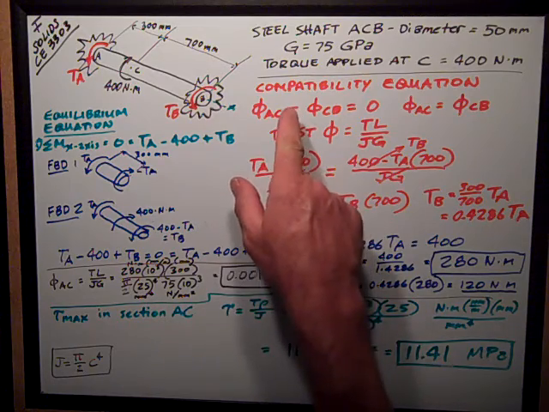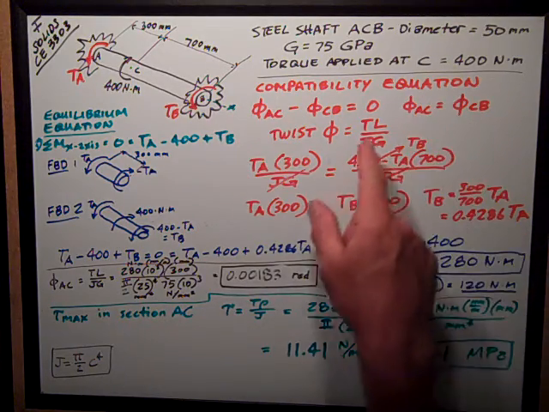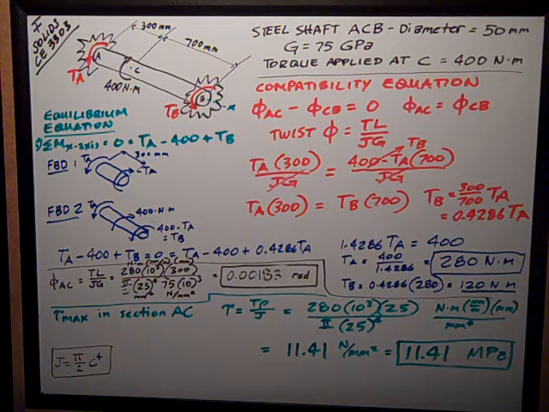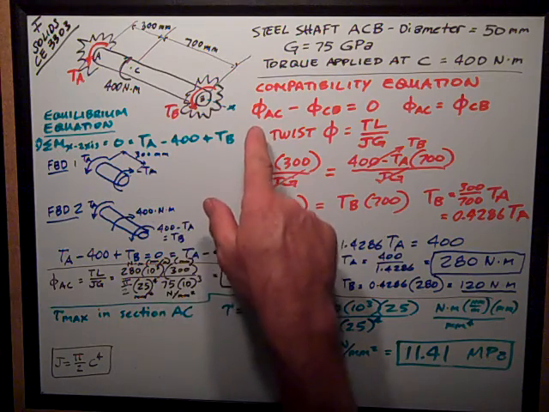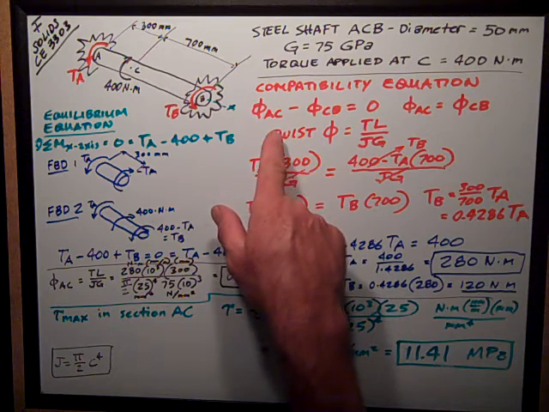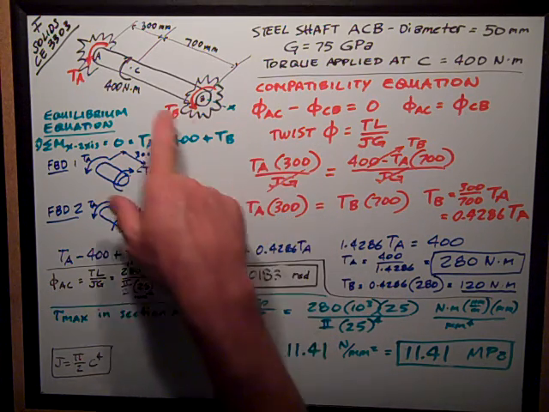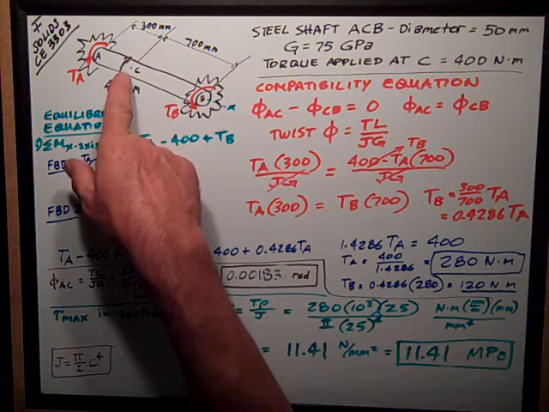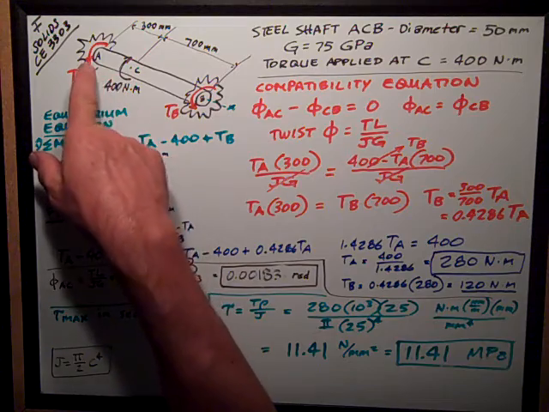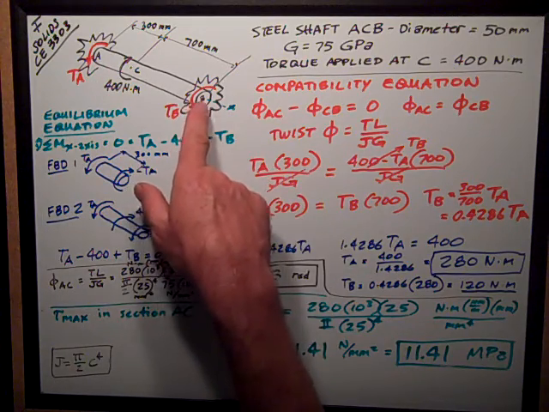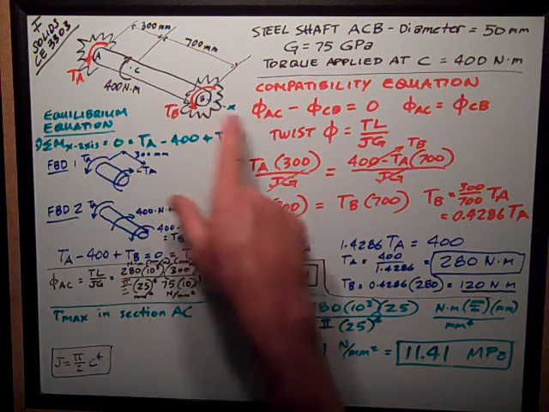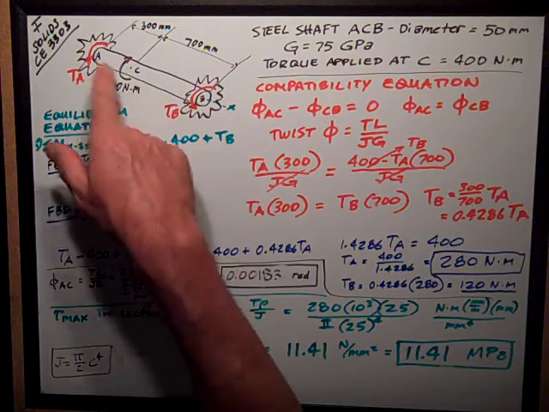You were asked for a compatibility equation to help solve this because it is statically indeterminate. Got 1 moment equation and 2 unknowns. So the key to this was recognizing that the twist at point C from A to C has got to be equal to the twist from B to C, because each end, A and B, is fixed, so there's no twist relative to each other.